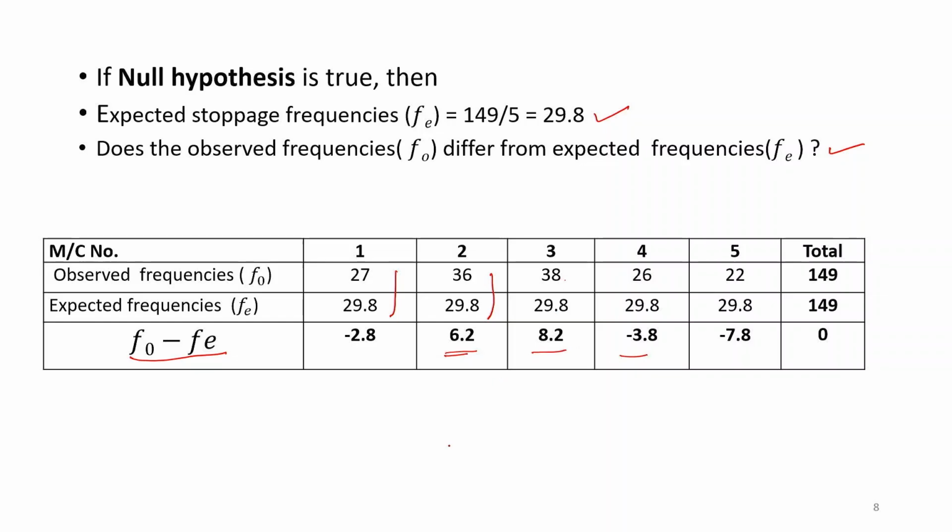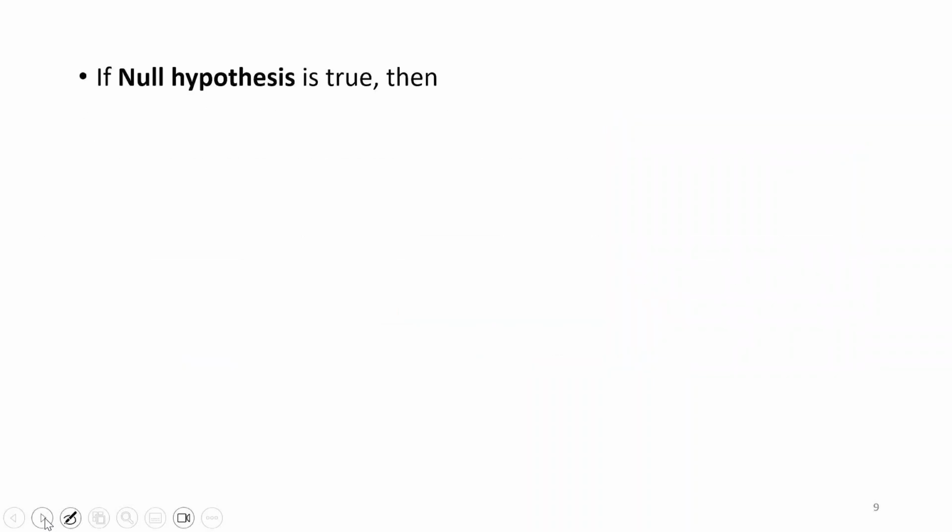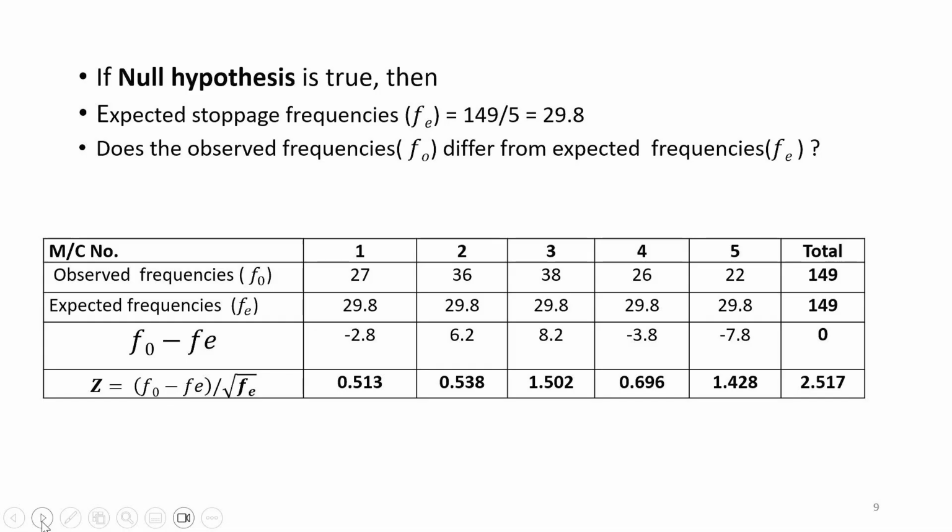So these are the differences, F0 minus Fe. The observed frequency and expected frequency values are quoted here. Now we find the value of the z variable, F0 minus Fe by root over Fe. If I do this, these are the corresponding figures. So we know the values of z.